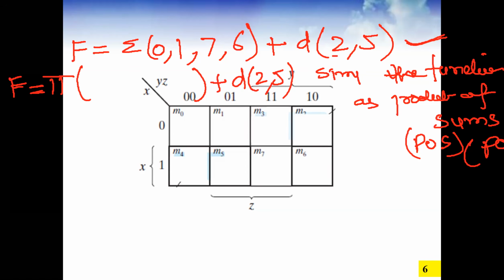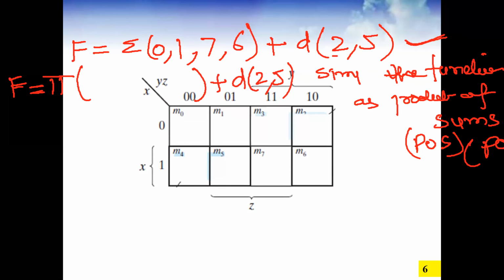Okay, just a minute. So now can you tell me what will be the maximum if the don't care conditions remain the same? So in this case, 0 is already a min term, 1 is a min term, and the don't care is 2. So 2 cannot be a maximum. What will be the maximum now? 3 and 4. Yes, right. Absolutely right.